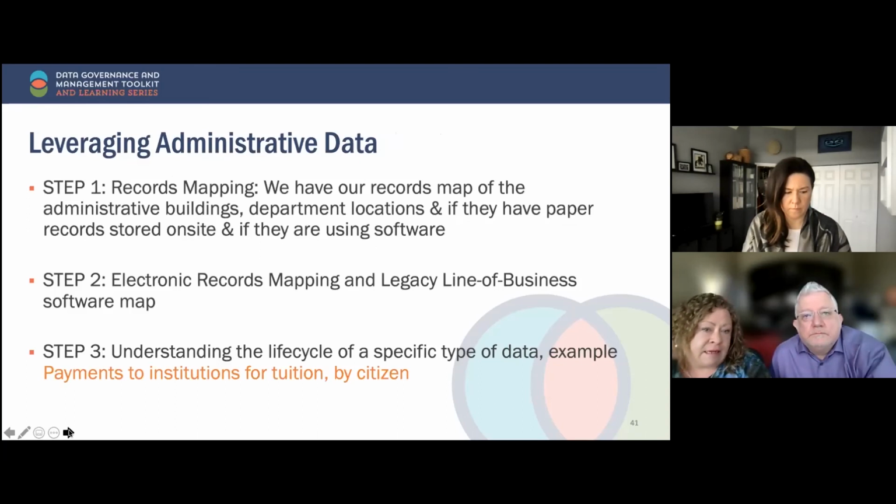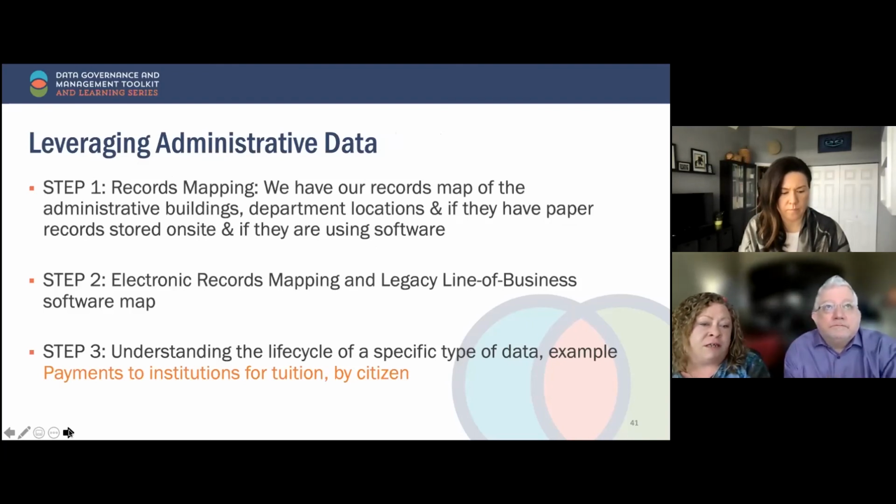So the very first thing that they did is they took a look at their records map, and they realized that although they could go to education, the electronic records could be mostly at finance. So they're looking to see, okay, what type of software has finance used over the years?